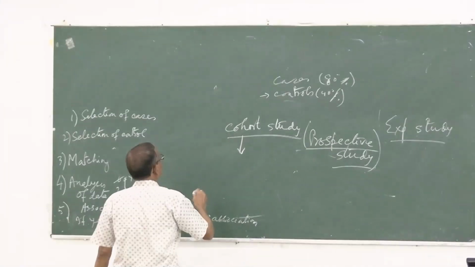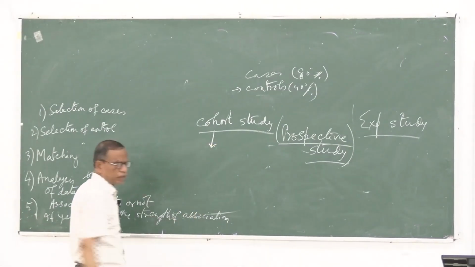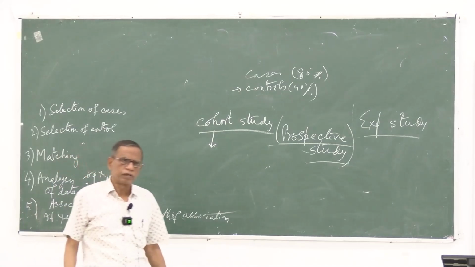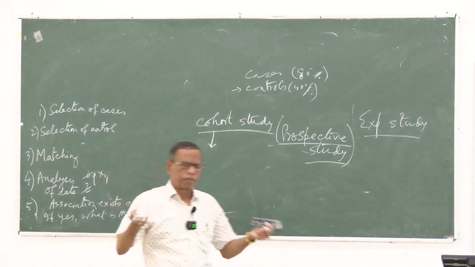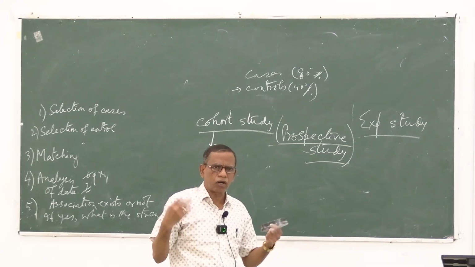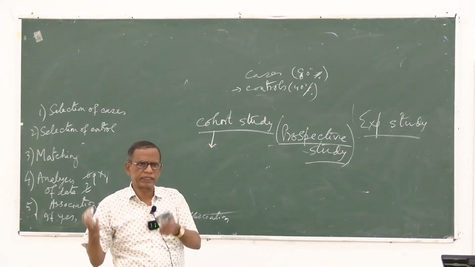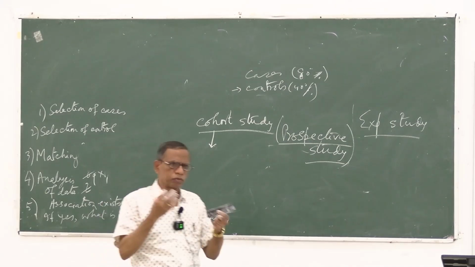So in case of cohort study, first of all, we have to select the cohort from the general population, or we can select cohort from hospital settings or from students.